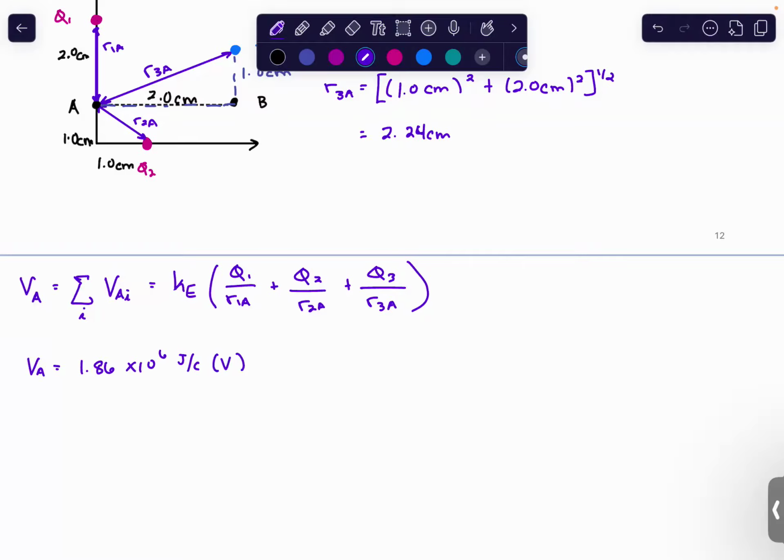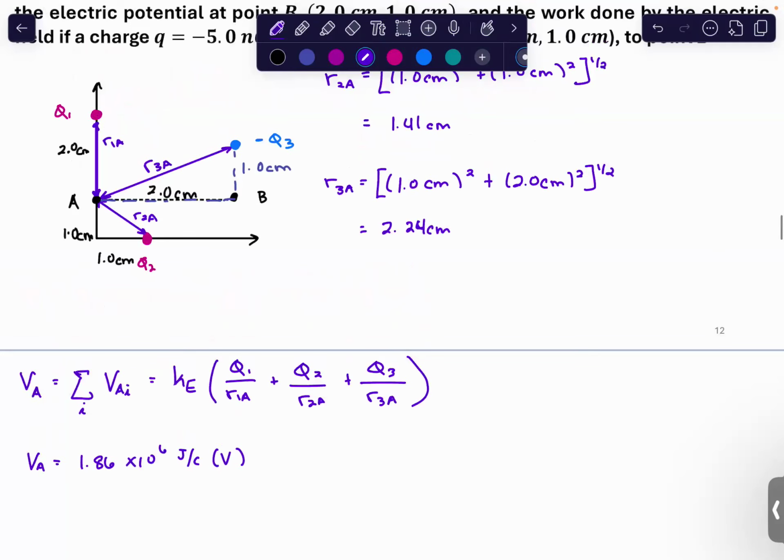Joules per coulomb, or volts? Oh, darn it. That's because I skipped part one. So, yep, this is part two. Yeah, this is part B. It was on a different page.